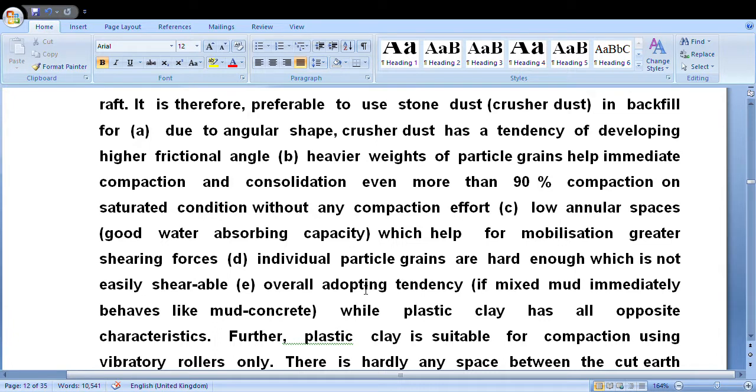If we mix it with sand, it becomes loam, that is sandy silt. If we mix it with clay, it becomes silty clay. So crusher dust is the most suitable material for foundation backfill to minimize misfortune and unpredictable damage of structures due to settlement.